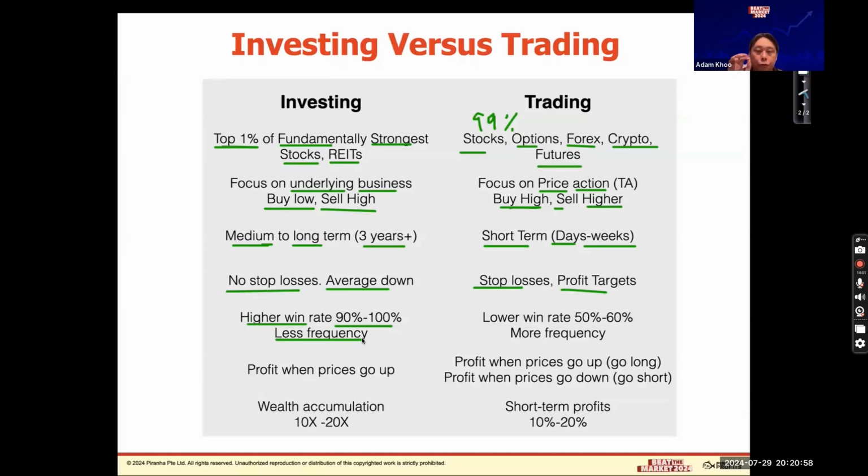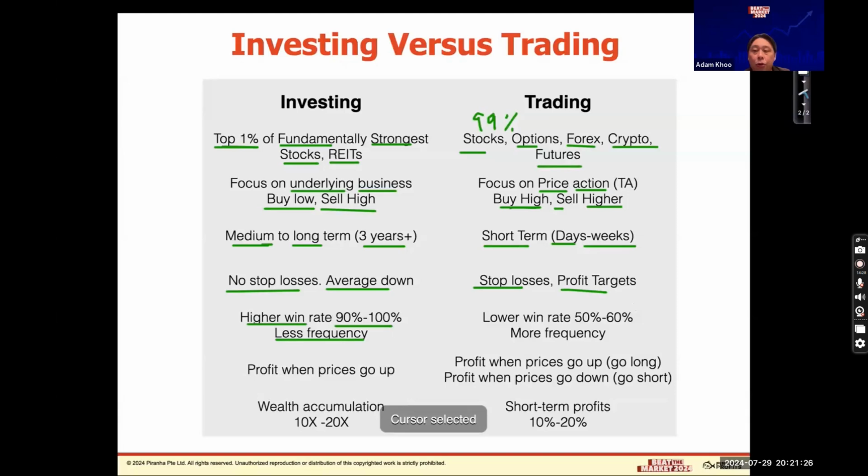Okay. But trading, because you're getting in and getting out in a few days or few weeks, your win rates can't be 90 to 100%. Realistically, if you buy Amazon today or McDonald's or Celsius or Monster, what's the chance the price will be higher in 1 week? What's the chance it'll be higher in 5 days? Is it 90%, 100%?